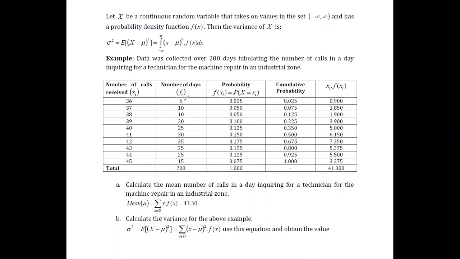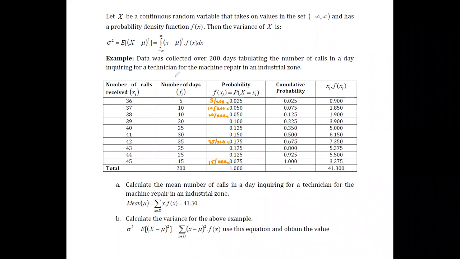There were 5 days out of 200, so this row is 5 out of 200, which equals 0.025. Here there were 10 days out of 200, so we get 0.050. Again another 10 days out of 200. Here it is 35 days out of 200, which results in 0.175. Here it is 15 days out of 200, which equals 0.075. Likewise, we can obtain the probabilities.